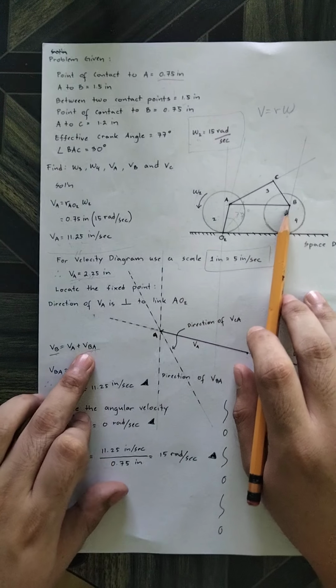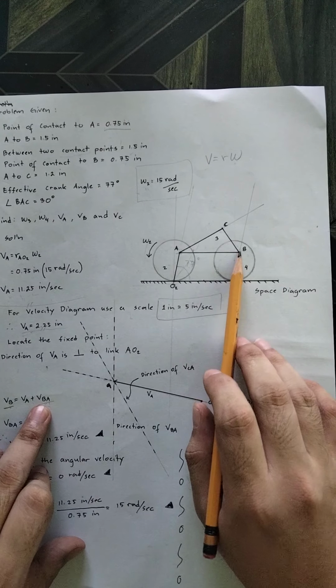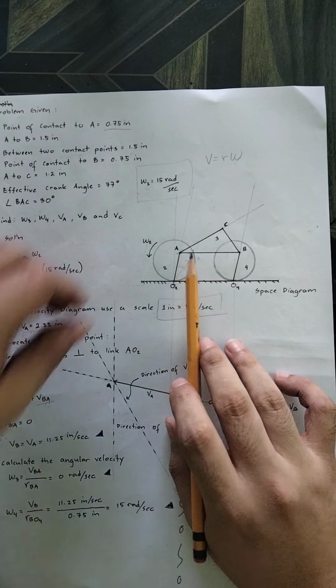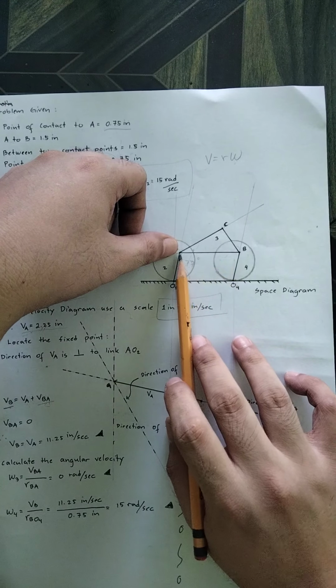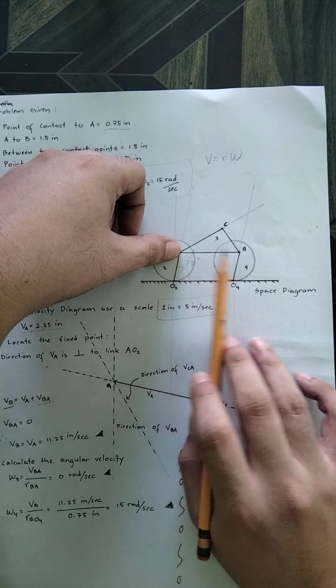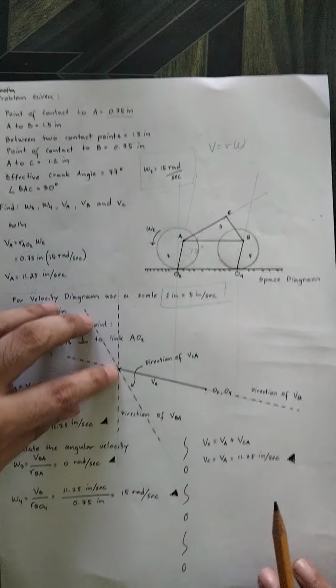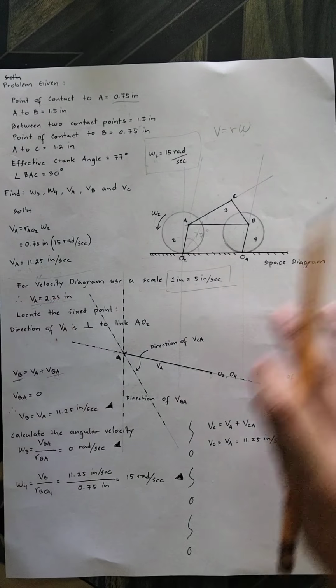By looking at the figure here, B is connected to A. So we will start by drawing at the tip of A so that we can locate B. This is why I draw this perpendicular line.